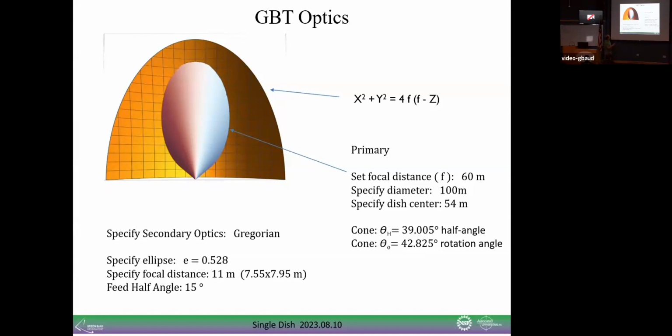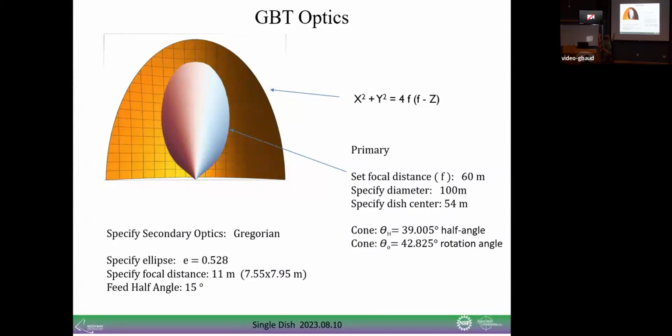You define a large paraboloid to begin with by the focal point and the diameter you want, and then you specify a center of the dish, and then from that you construct a cone with a half angle of 39 degrees, and that goes back to the feed design.